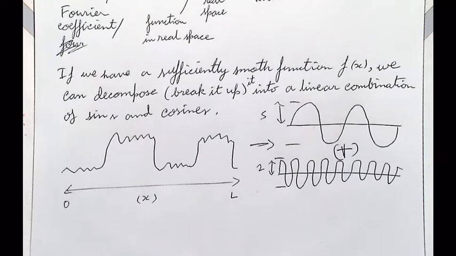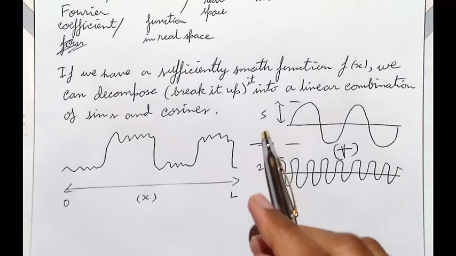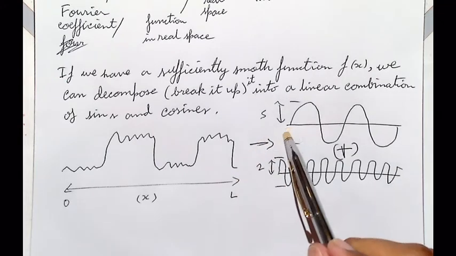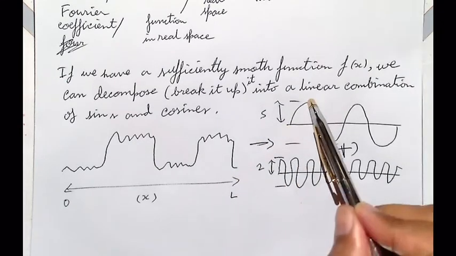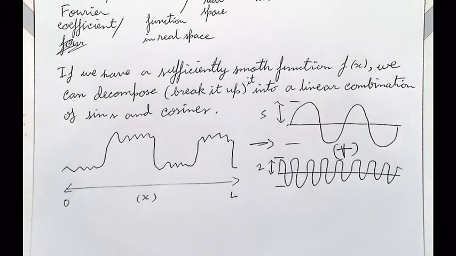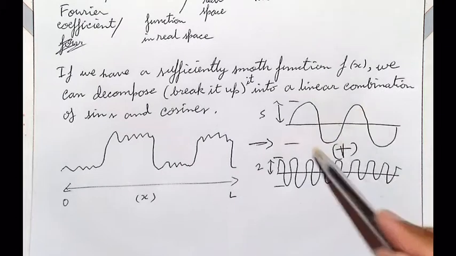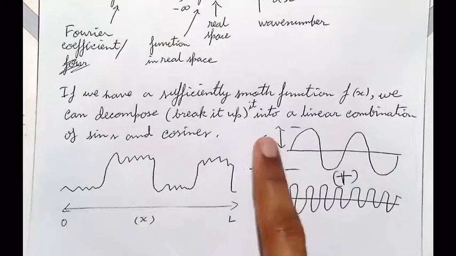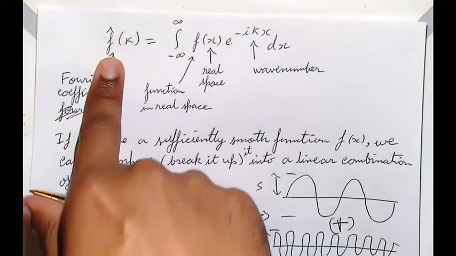Each of these sines and cosines has a multiple in front. For instance, here if the amplitude goes from 0 to 5, the multiple in front is 5. It's sort of the strength of this particular Fourier mode. And that's exactly what this f hat of kappa represents.